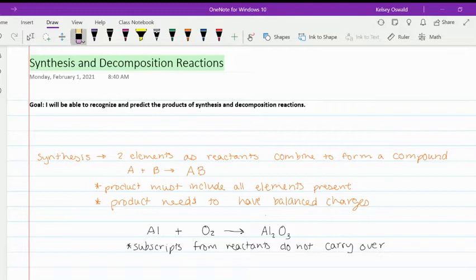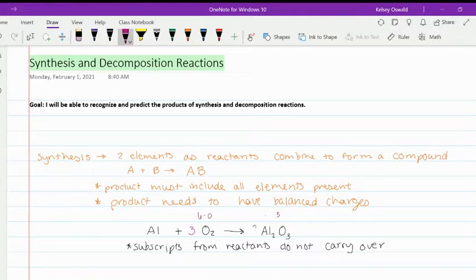Okay, so we know once we get here, now we need to balance out that reaction. So if we look, our oxygens are going to be the tricky one because we have 2 on the reactant side and 3 on our product side. So in order to have an equal number on each side, we're going to need 3 O2s. That way we have a total of 6 oxygens as our reactants.